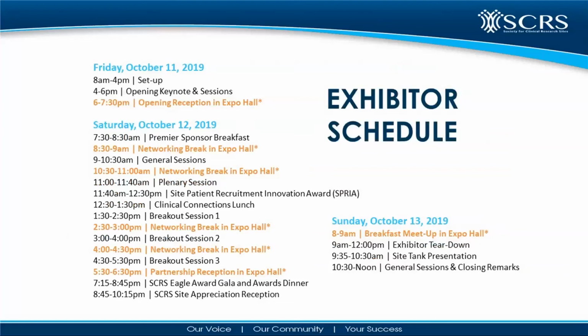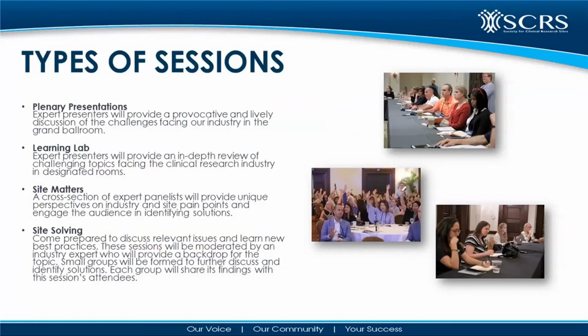But some of the things that we've highlighted here are what most of our exhibitors like to attend start to finish. Types of sessions: obviously, we have plenaries in the Great Hall just above the expo area, but our breakouts are a mix. They are learning labs, site matters, and site solving. We do this to try to crowd solve issues in the marketplace.